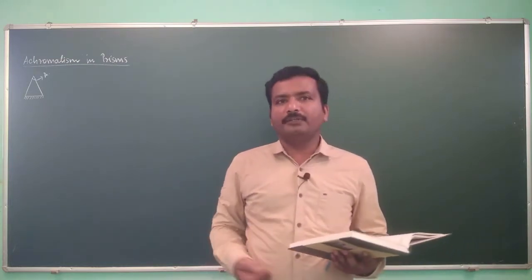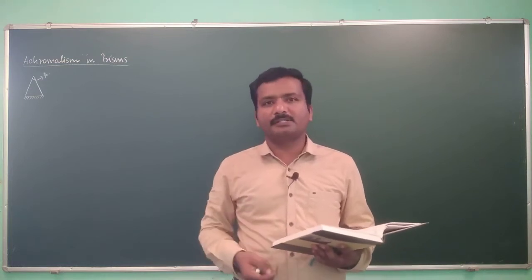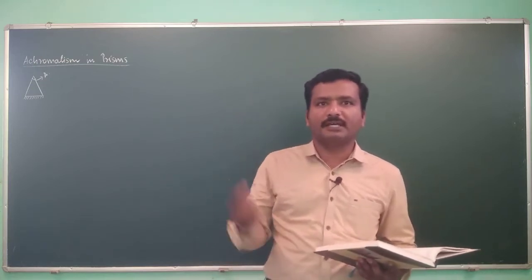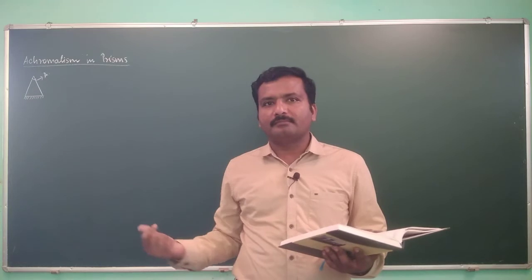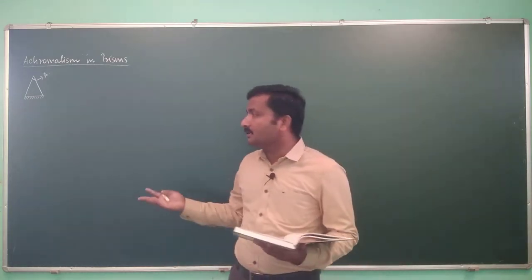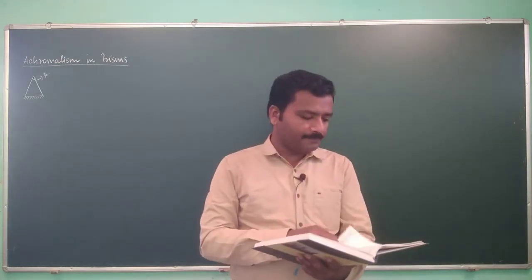But if we have different prisms made of different materials, arranged in such a way that in the output there will be no color, such a combination of prisms is called achromatic combination or achromatic prism.